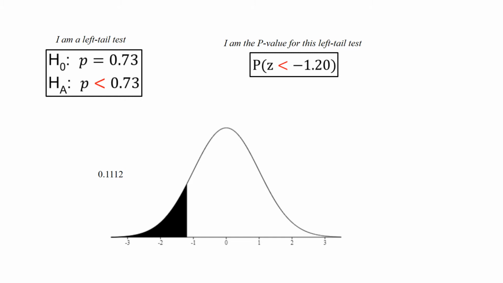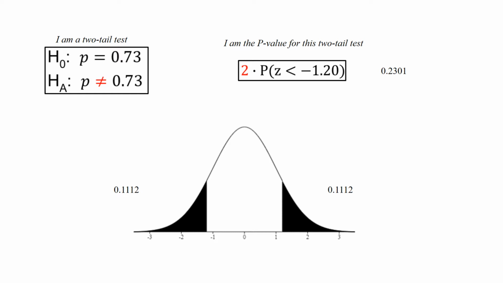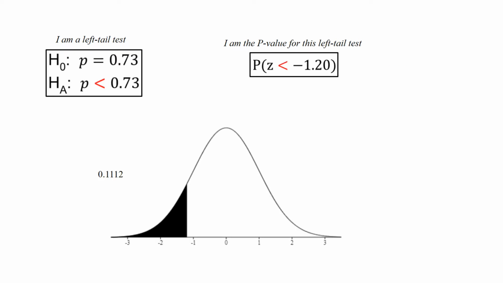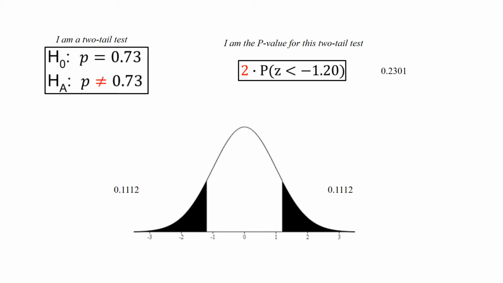Okay, so in this one we have a p-value of 0.1112. In either case, consider at alpha of 0.05 what our decision would be. Right, we would fail to reject the null hypothesis because neither of these p-values are below alpha.